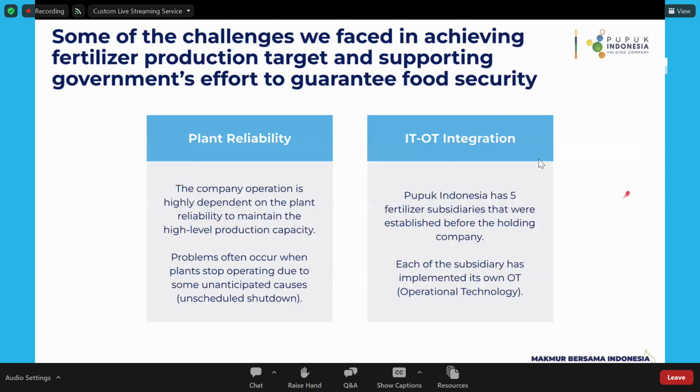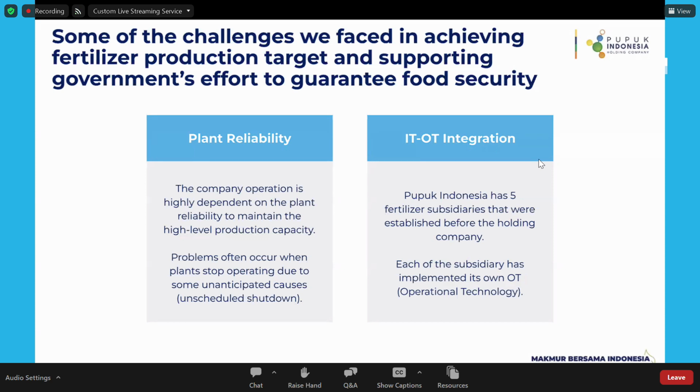Some of the biggest challenges that we face today to maintain our production level are plant reliability and IT/OT integration. Our company operation is highly dependent on plant reliability because our main product, fertilizer, is produced by these 5 subsidiaries.